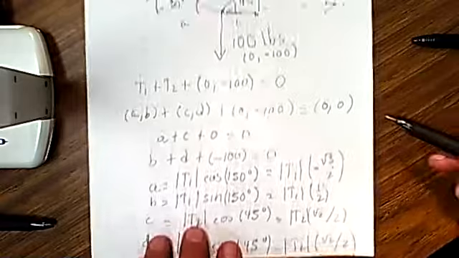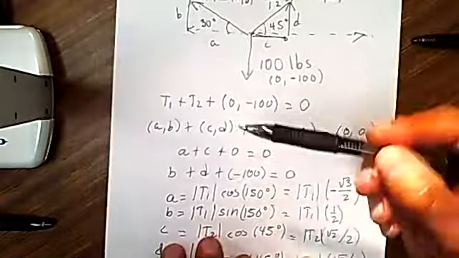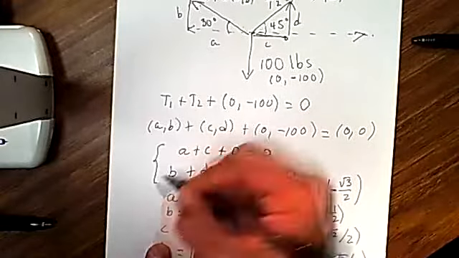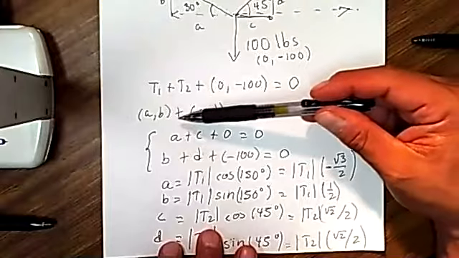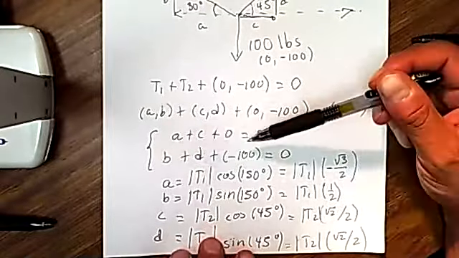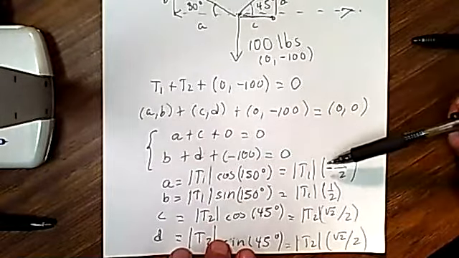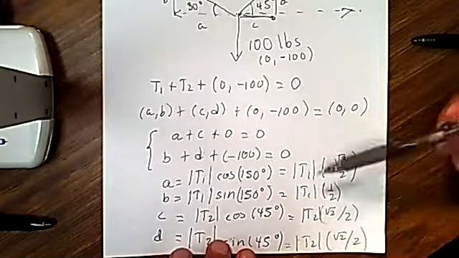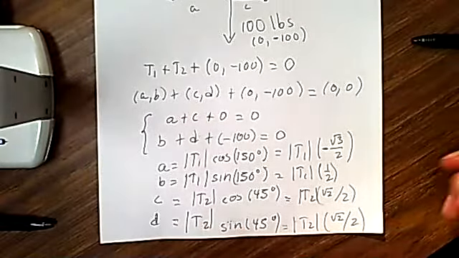So now this system of equations, let's go back to the system of equations. A plus C equals 0, and B plus D equals 100. If we move the 100 over to this side, we'll translate into a system of equations using T1 and T2. So let's do that on the next page.